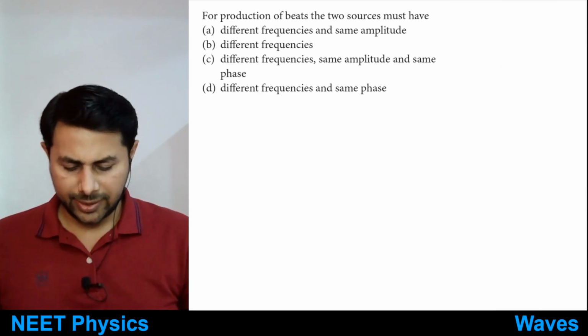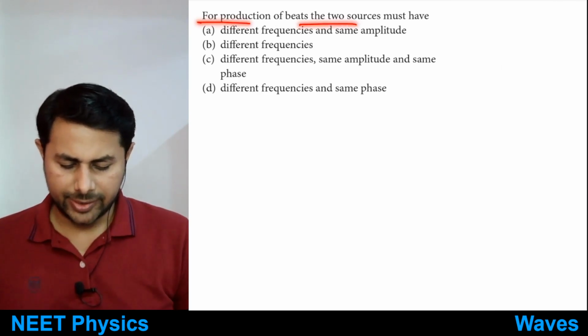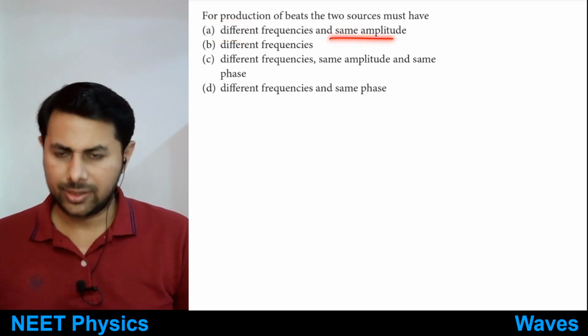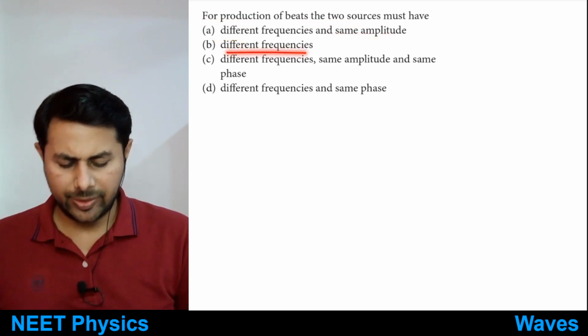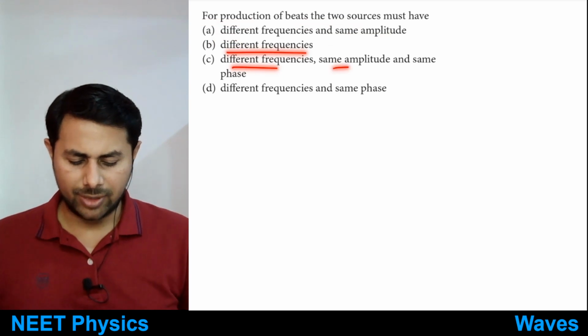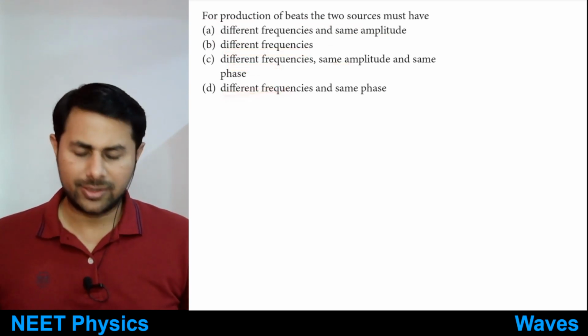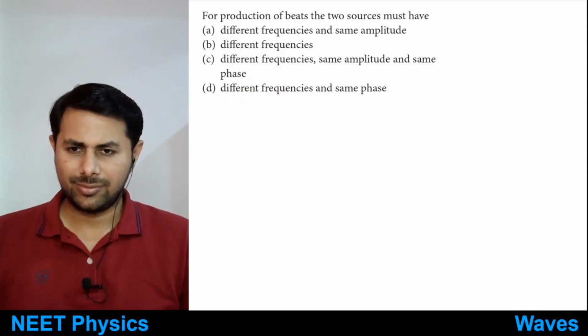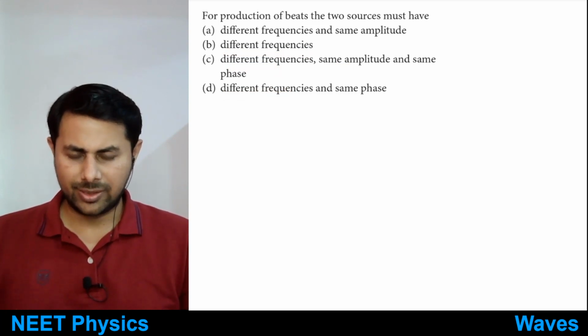Okay, so let's see this one. For production of beats, the two sources must have, tell me, different frequencies and same amplitude, different frequencies, same amplitude and same phase, different frequencies and same phase. Tell me. Different frequencies and same amplitudes, right?